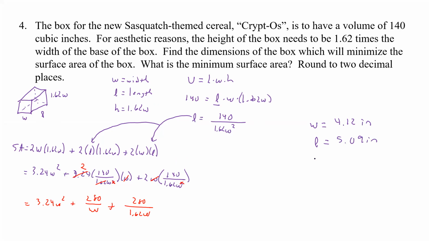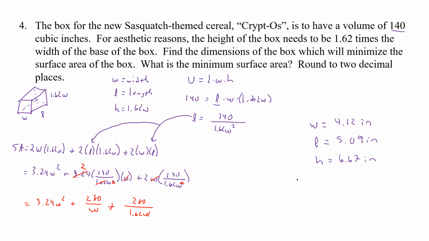We've got width, length, and so then we have height is equal to 1.62 times 4.12, and that gives us 6.67 inches. And again, these are all rounded, and so that's going to be within whatever it is. So if we took 4.12 times 6.67 times 5.09, we get 139.87. It's not exactly 140, but because we rounded, it's going to be okay.